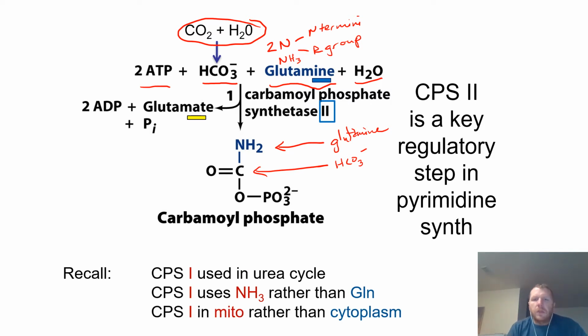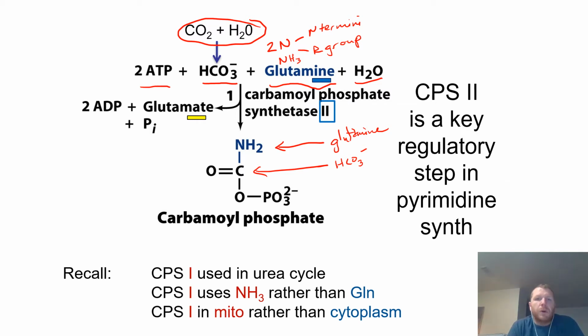In addition, there are differences between CPS1 and CPS2. CPS1 catalyzes its reaction in the mitochondria. CPS2, on the other hand, is going to be done in the cytoplasm. So you can look at carbamoyl phosphate and ask the question, is carbamoyl phosphate in the cytosol or is it in the mitochondria?